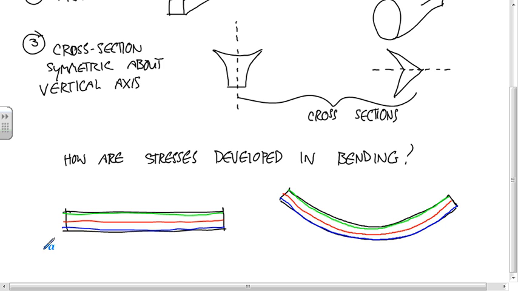And think, what happens to the length of these 3 lines as this deformation happens?